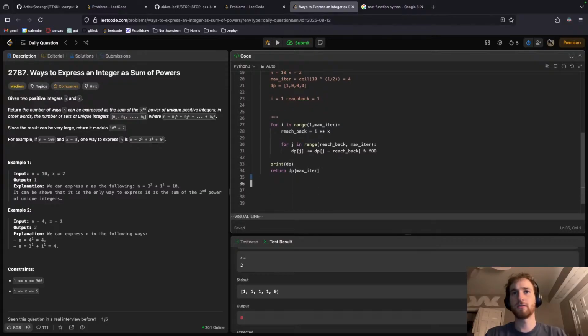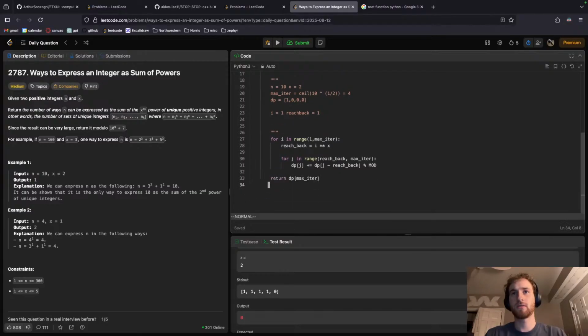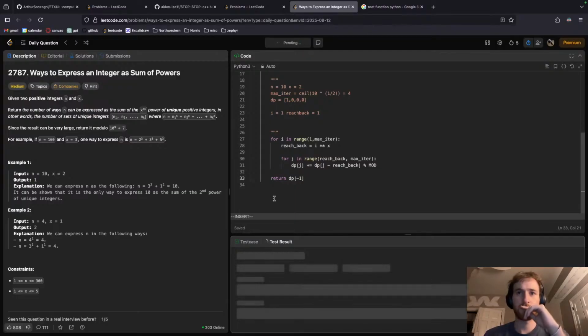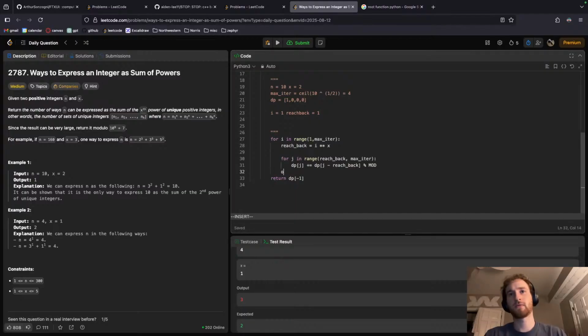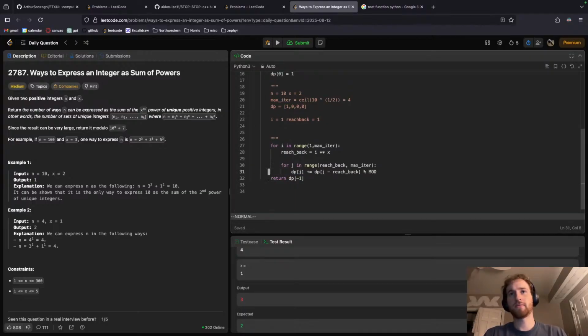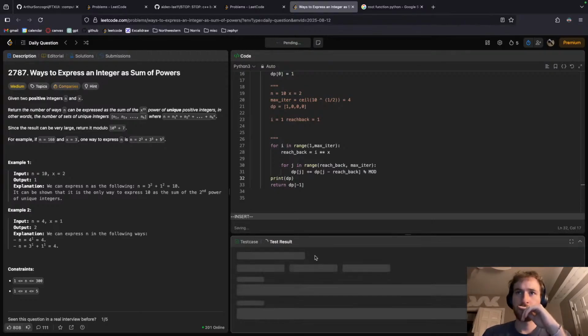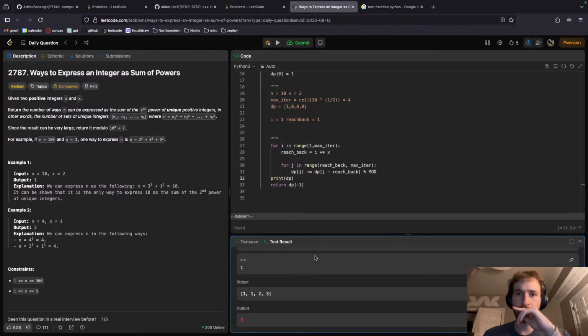Just needed to do this. 1, 1, 2, 3. What's your LeetCode handle?